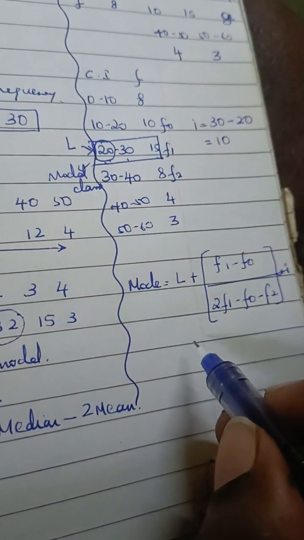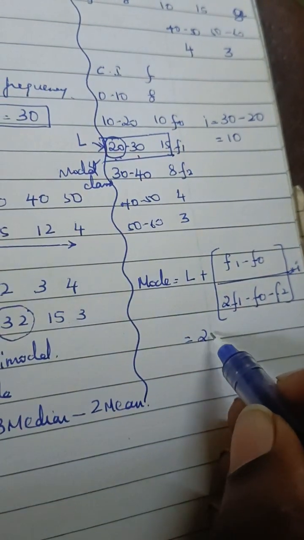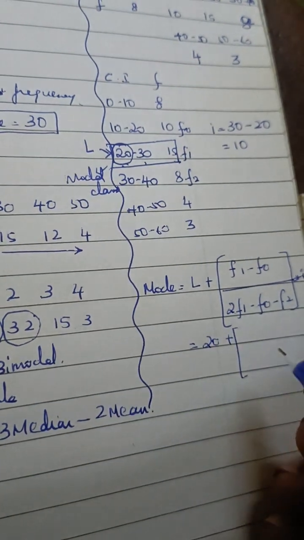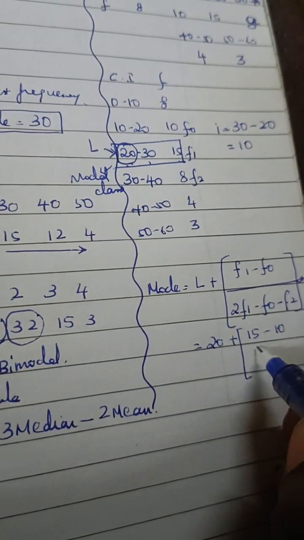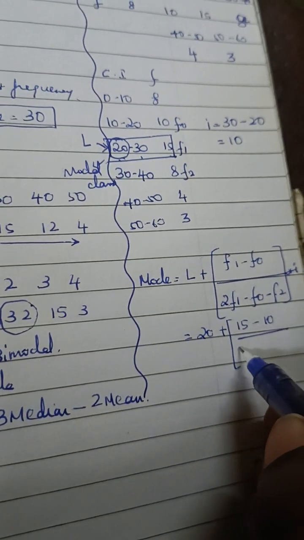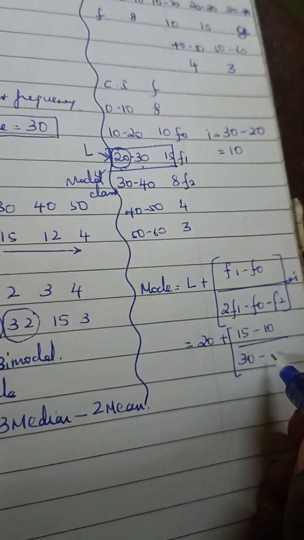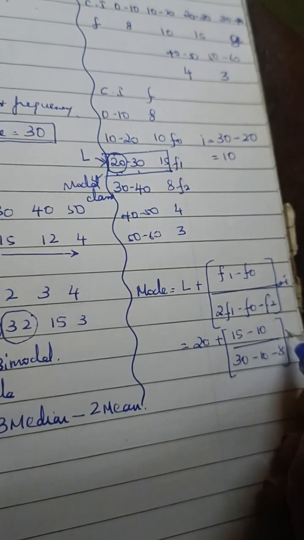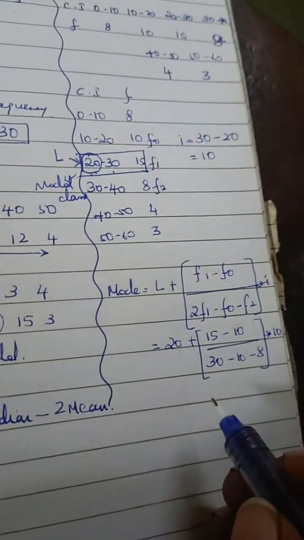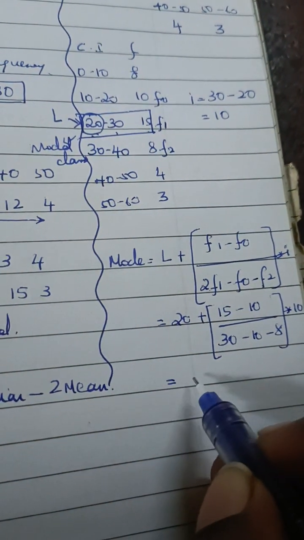Here you have L is 20, F1 is 15, F0 is 10, so it is 15 minus 10 by 2 into 15 is 30, minus 10, minus 8, into 10. This is the substitution.